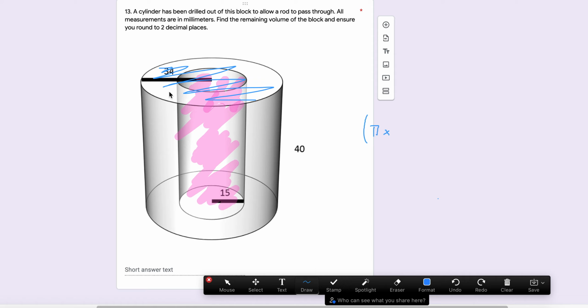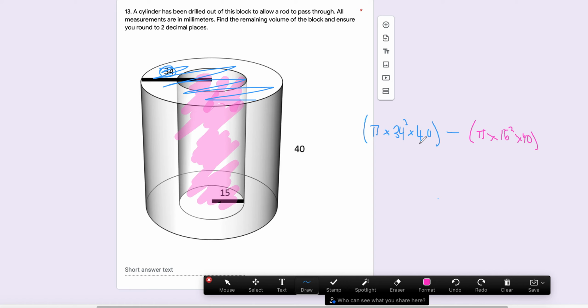Pi times the radius of the big cylinder was 34. So pi r squared, pi 34 squared, times height. The height is 40. And then I'm going to minus that from the volume of the small cylinder, which has a radius of 15. So we're going to go pi times 15 squared times 40.